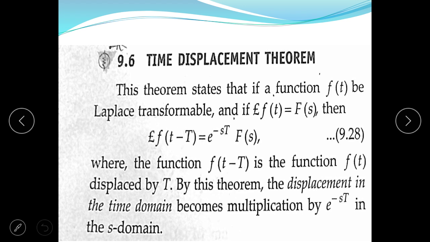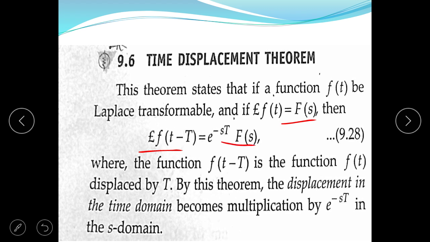Next theorem is the time displacement theorem. What is the time displacement theorem? This theorem states that if a function f(t) is Laplace transformable and if the Laplace transform of f(t) is F(s), then Laplace transform of f(t minus T) is equal to e to the power minus sT F(s).